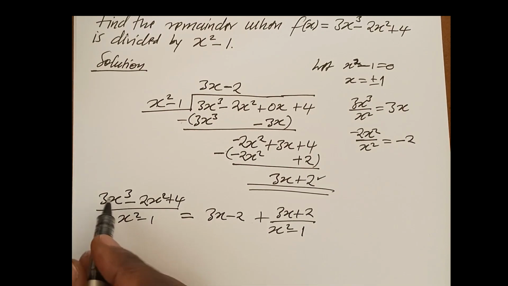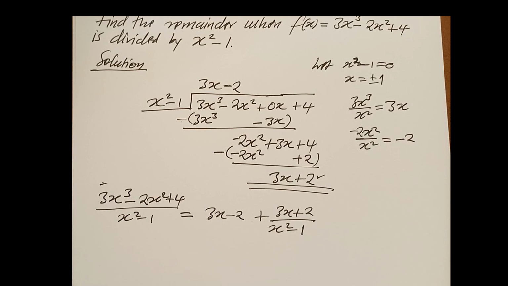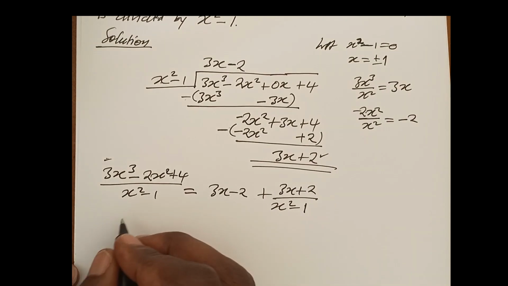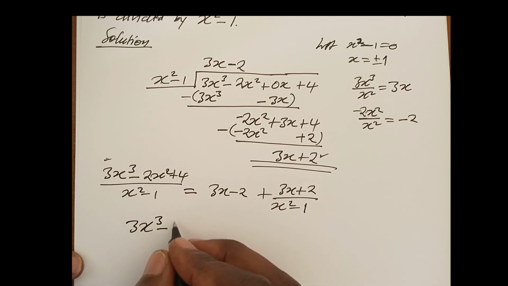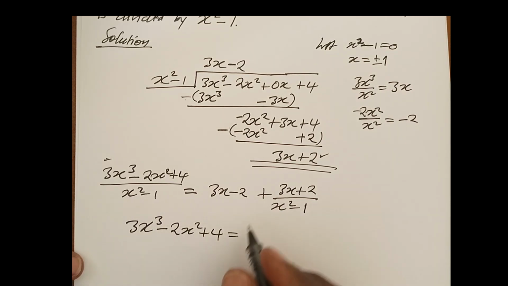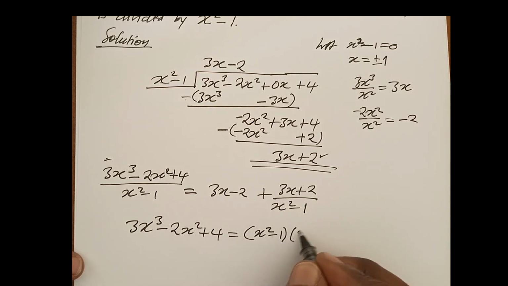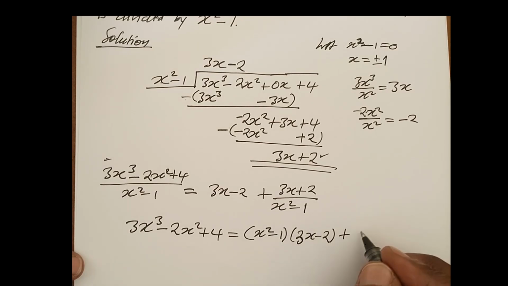So I can write this numerator, 3x cubed minus 2x squared plus 4, as x squared minus 1 times 3x minus 2, plus the remainder 3x plus 2.